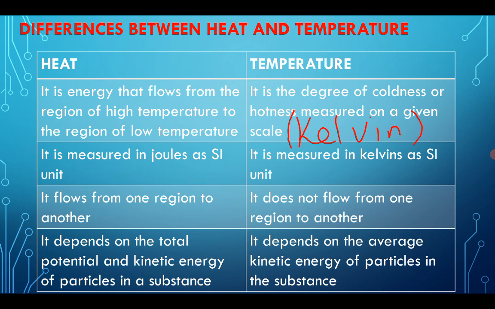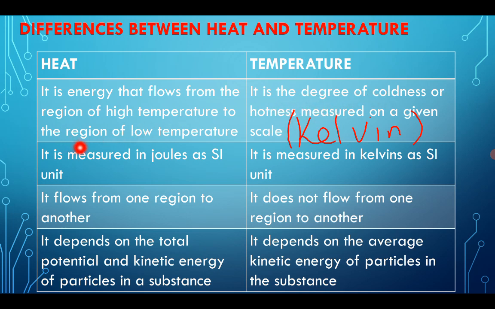Such a given scale can give you the degree of coldness or hotness of a substance. So in short, heat is energy that flows from the region of high temperature to the region of low temperature, and temperature is the degree of coldness or hotness measured on a given scale.